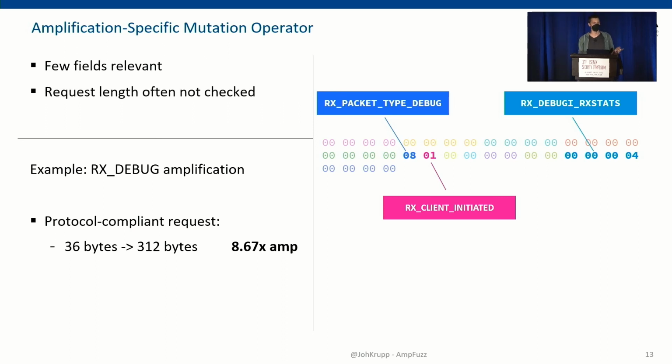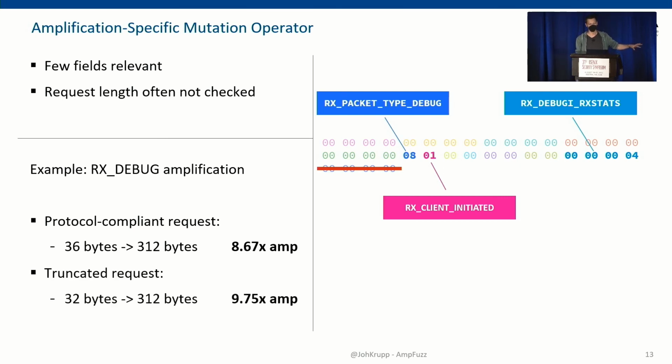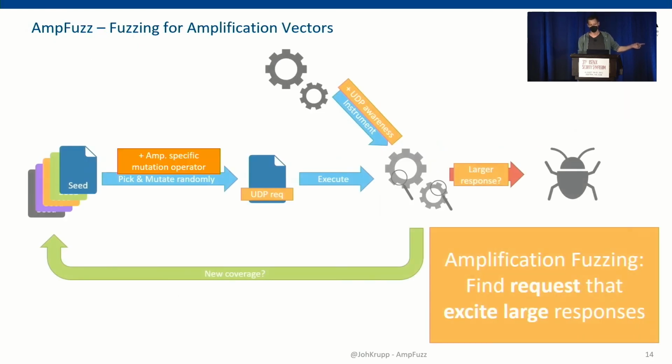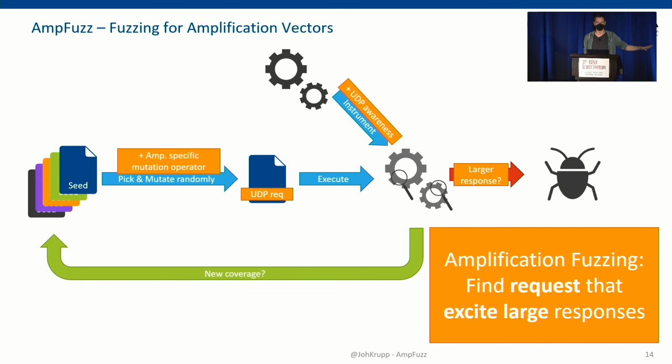Combined with the fact that there are often no length checks for the received input, this means we can actually drop these last 4 bytes. Meaning we can improve our amplification by sending a non-protocol-compliant request of only 32 bytes, but still receive the same 312-byte response, thereby increasing our factor to 9.75. And with this, we have our full pipeline.